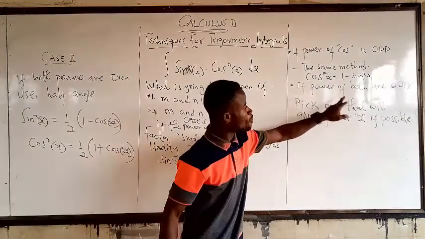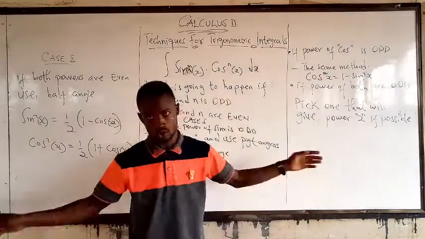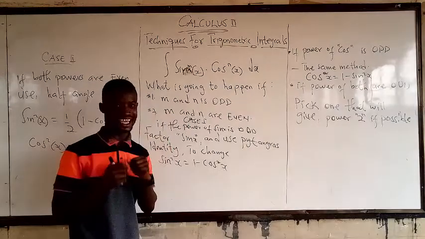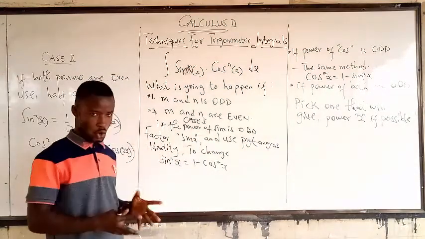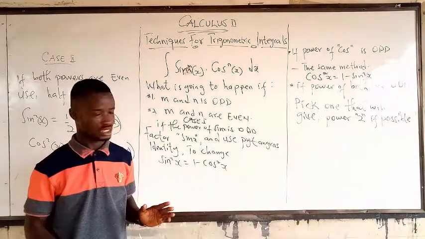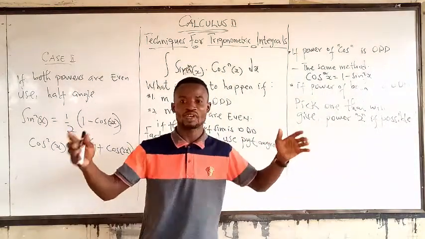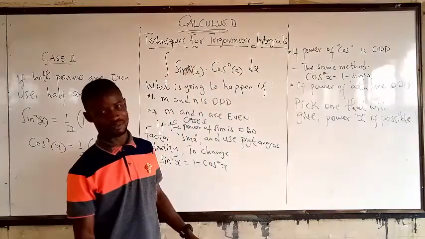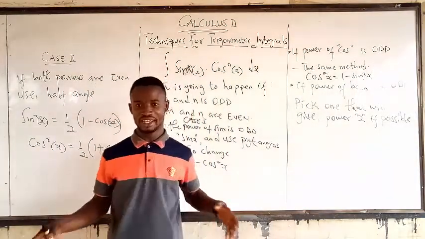Now, what if the powers of both are odd? We have looked at the case whereby the sine is odd and the case whereby the cos is odd. Now, what if both are odd? That's the beauty of mathematics. We are looking at all the cases.